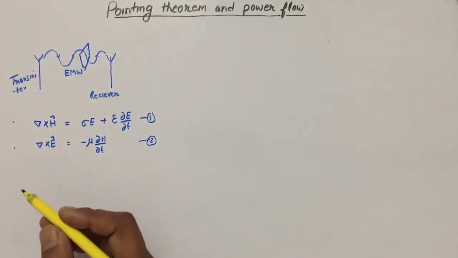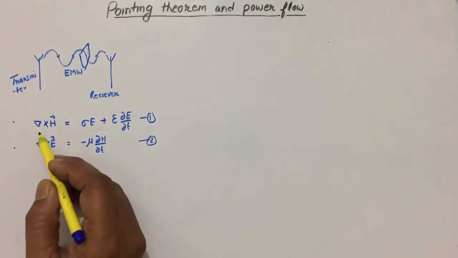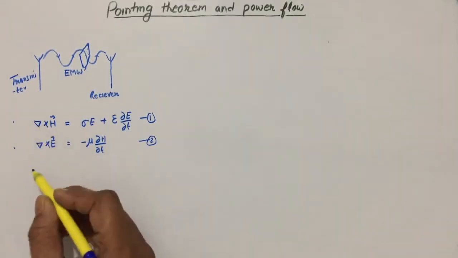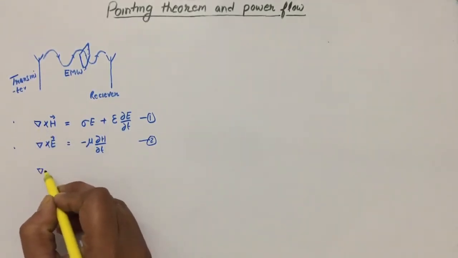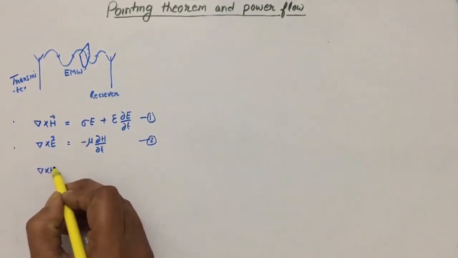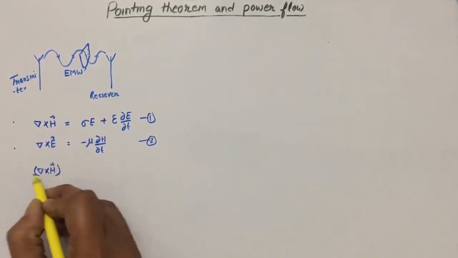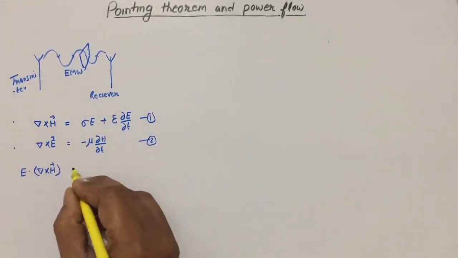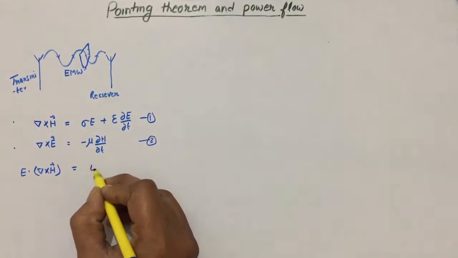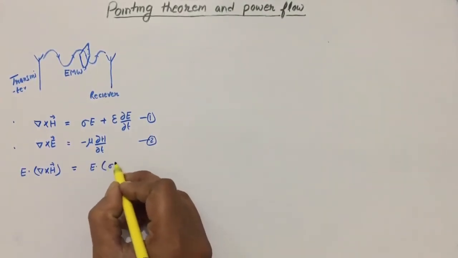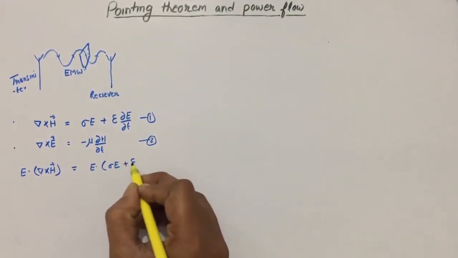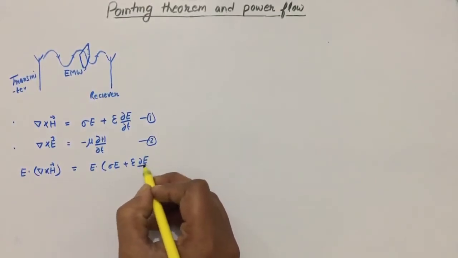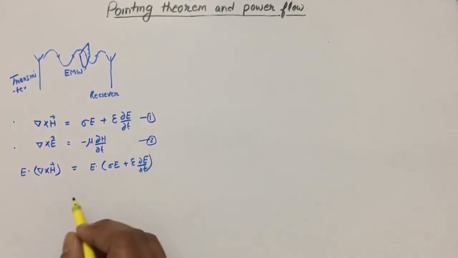So for that purpose, let us do some mathematical modifications. Let us do E dot the first equation. Similarly, E dot sigma E plus epsilon E dot del E over del T will be there.